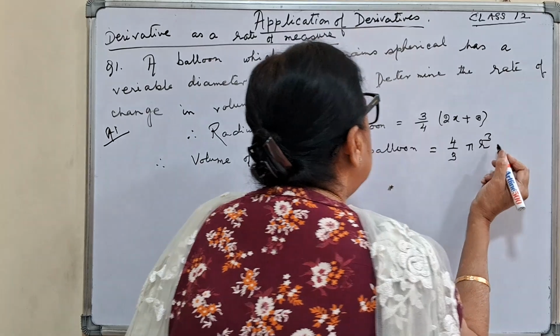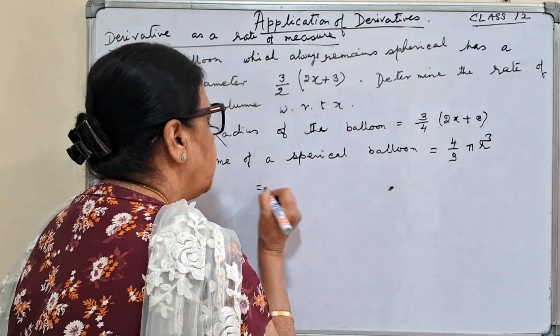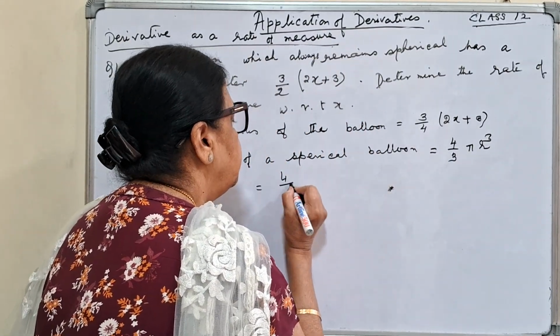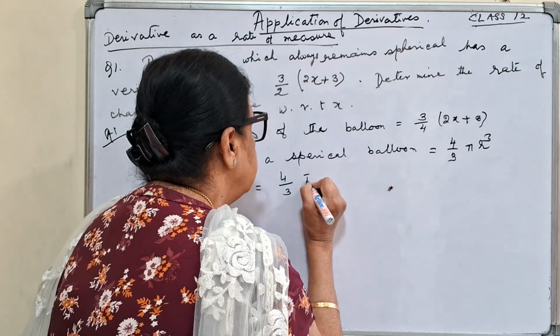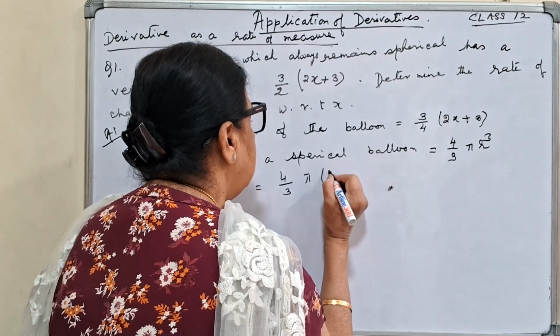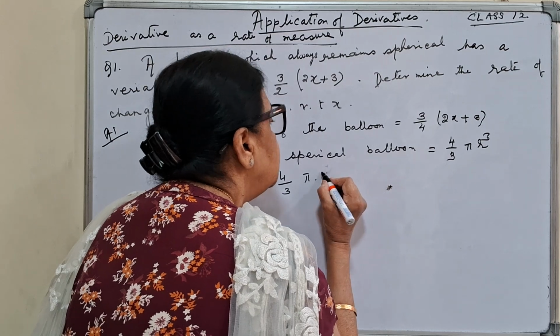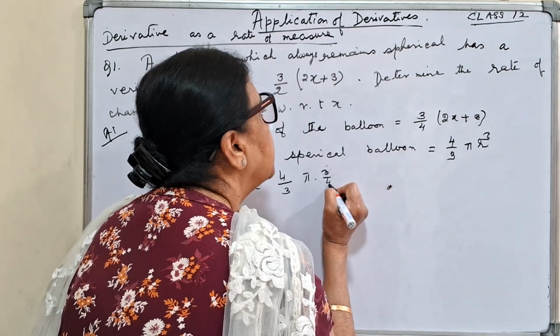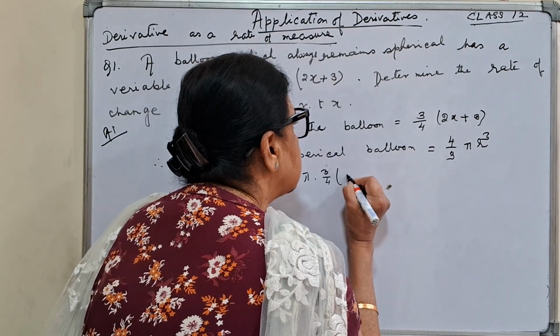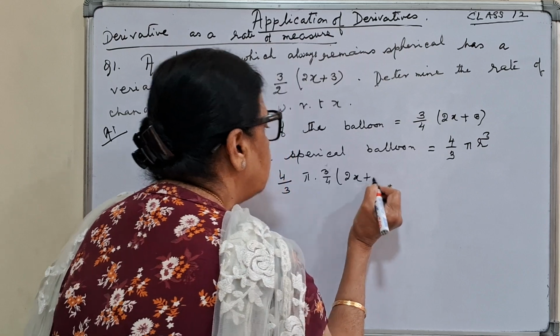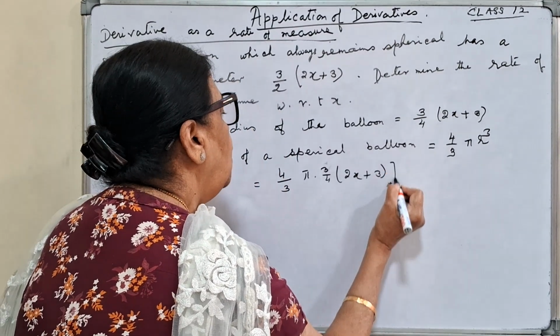What is r here? V equals 4 by 3 pi times 3 by 4 into 3 by 4 into (2x plus 3) whole cube.